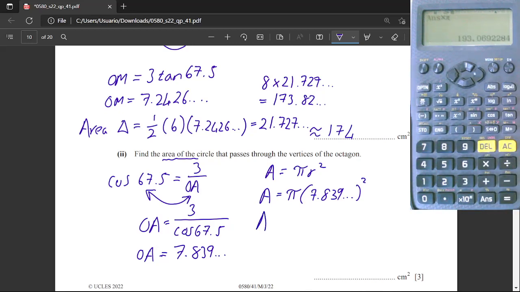Okay, and that should give us the right answer. 193.06, rounded to 3 significant figures, 193, which is close to our previous answer, but not exactly the same.